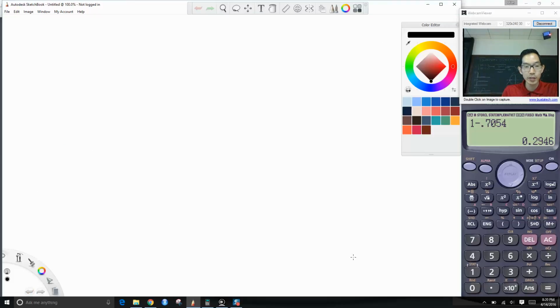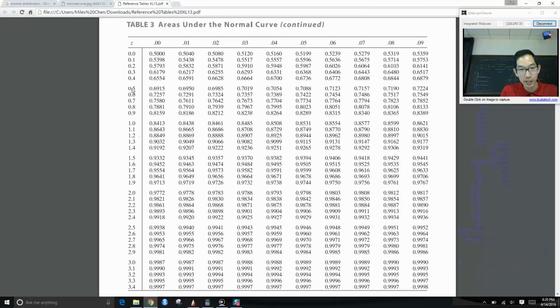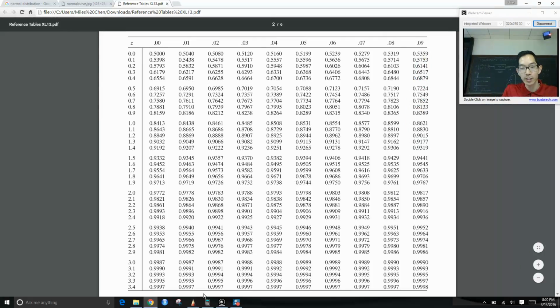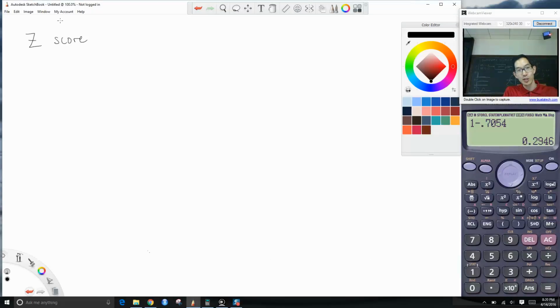Everything I've been saying gives definition to the Z-score. In the top corner of your normal table, you'll notice the little Z. That's because it's often called the Z-table, or we're referring to Z-scores.